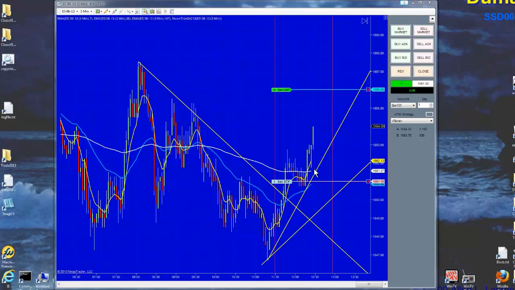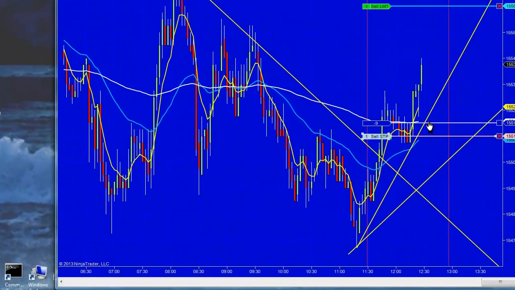So now that I've got a good wick here, I can move my stop up right below that wick by 1 tick, right there. So now I've locked in a little bit of profit. I have a target up here to lock in more, and we shall see how this goes. I'm just going to let it run here a minute and shut up.